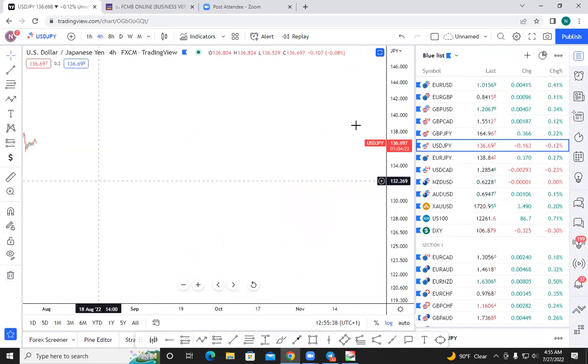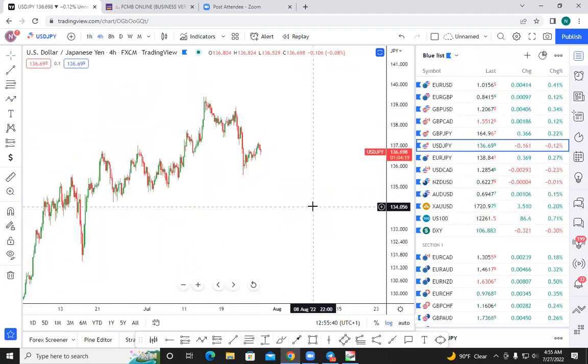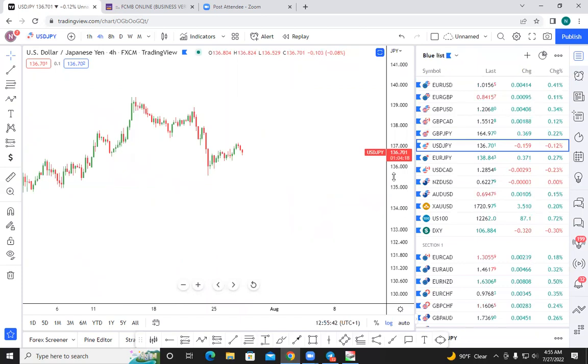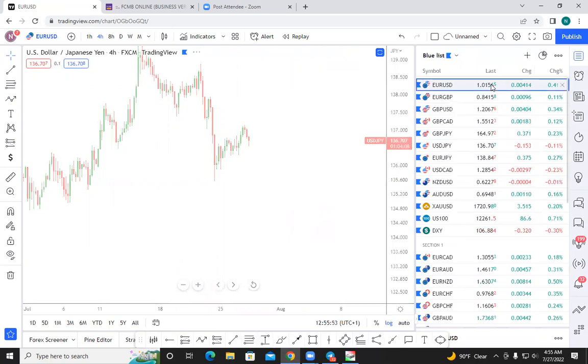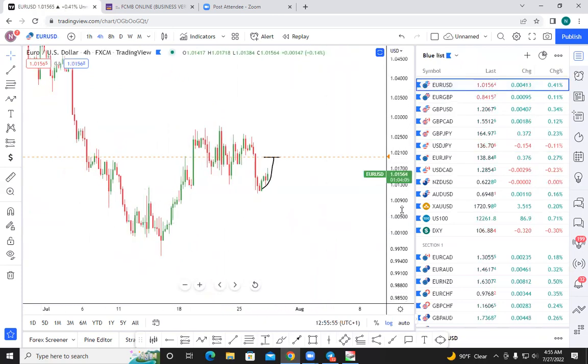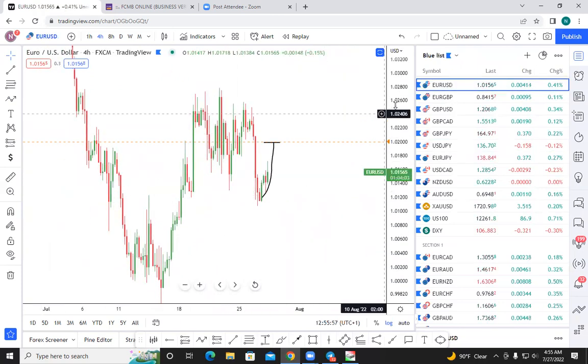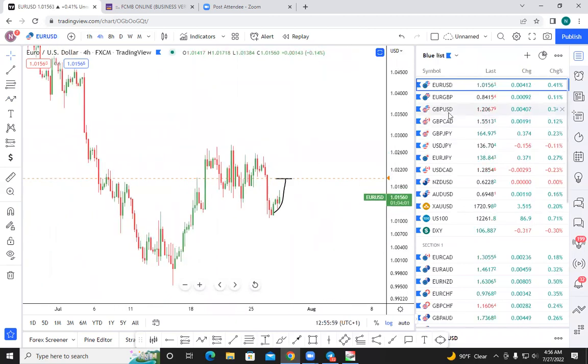Okay, I saw a clear sell opportunity on USD JPY today, but I was very careful taking the sell opportunity.